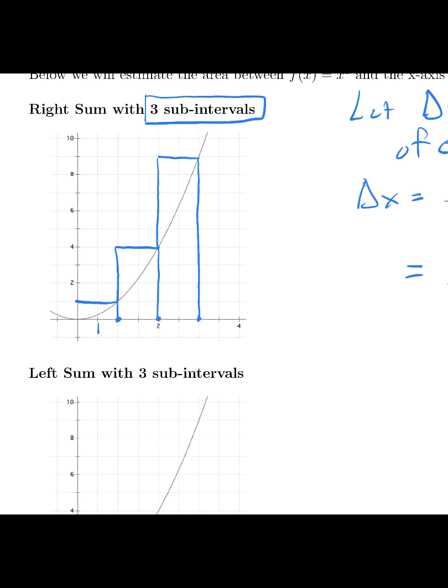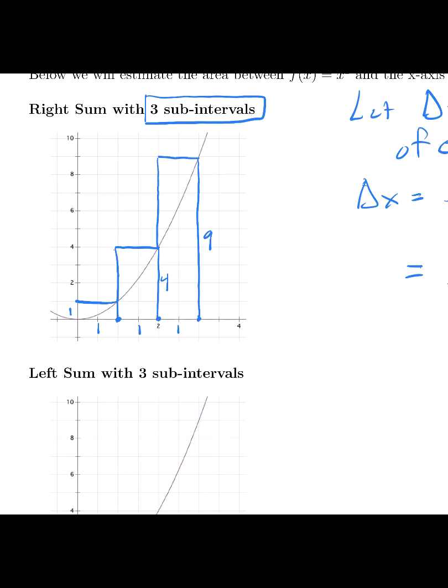They all have width 1. We know that. And what are their heights? Well, this first rectangle has height, the value of the function at 1. 1 squared is 1. This second rectangle has height, the value of the function at 2. So it has height 4. And this third rectangle has height, the value of the function at 3. So that's 3 squared, or 9.